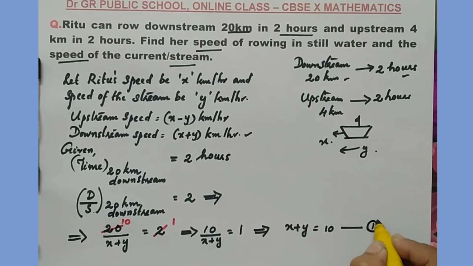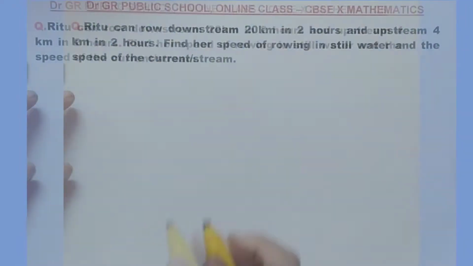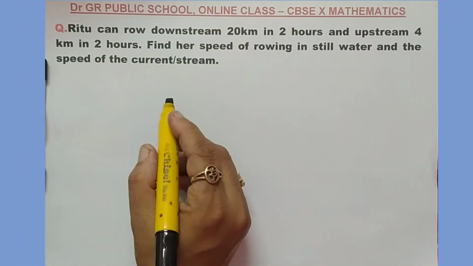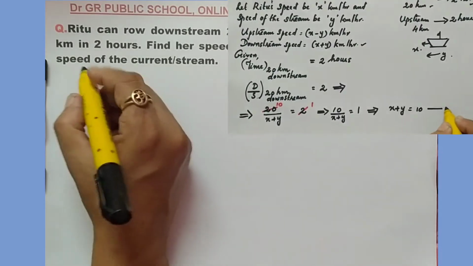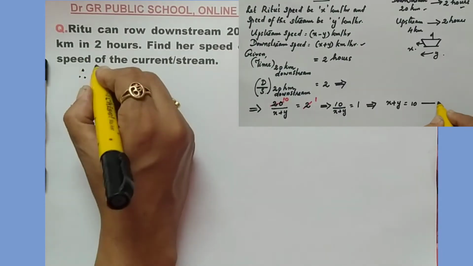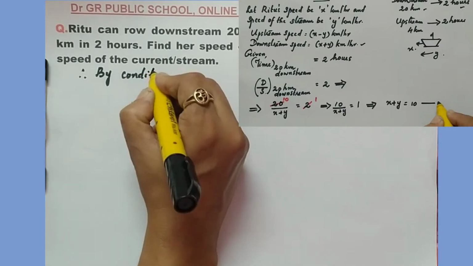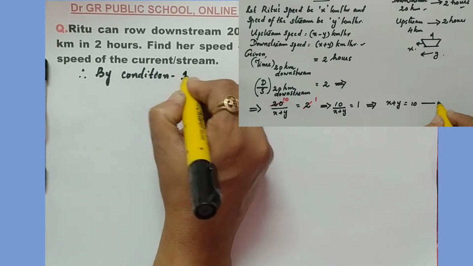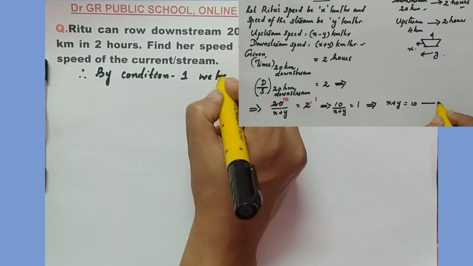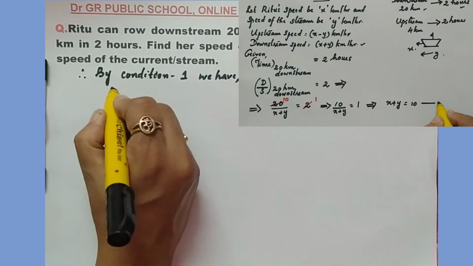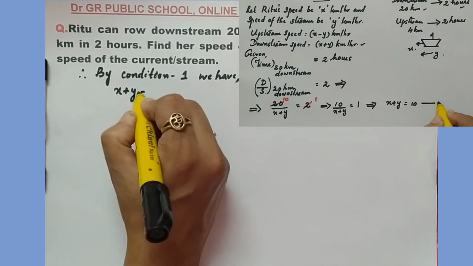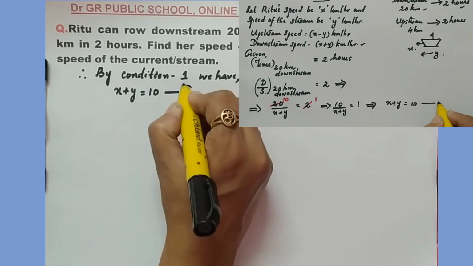This is your equation number 1. By condition 1, the first equation is x plus y equal to 10.